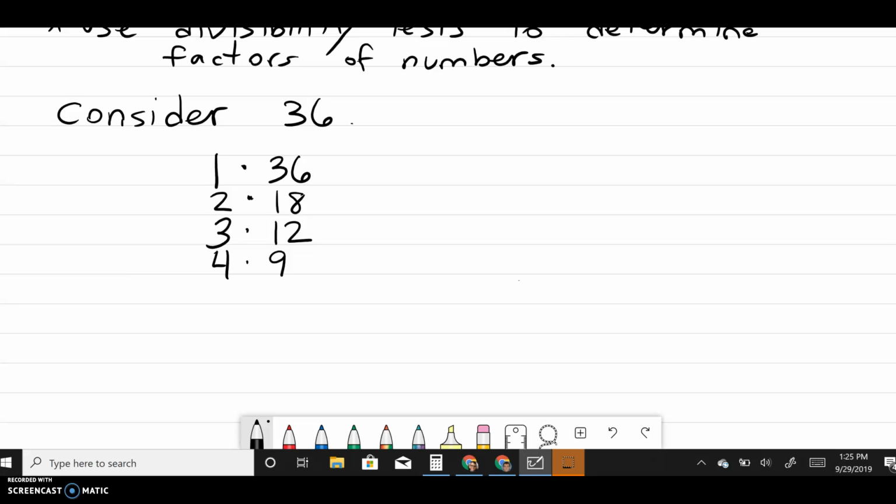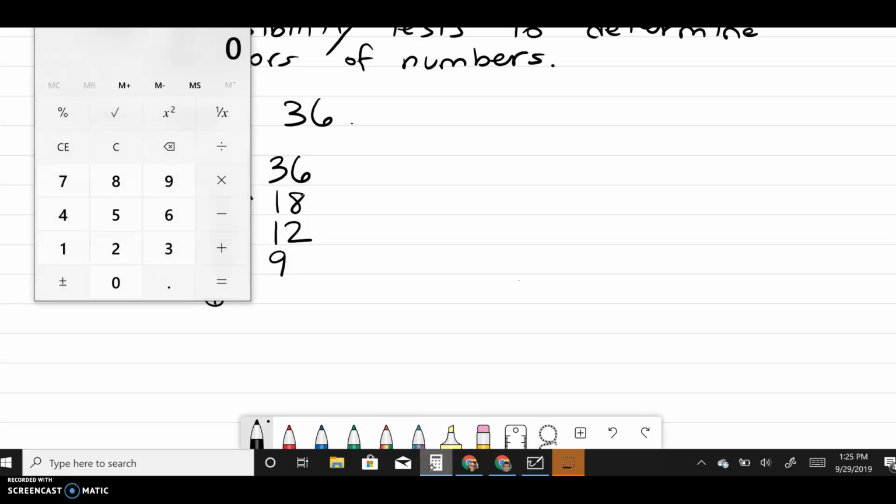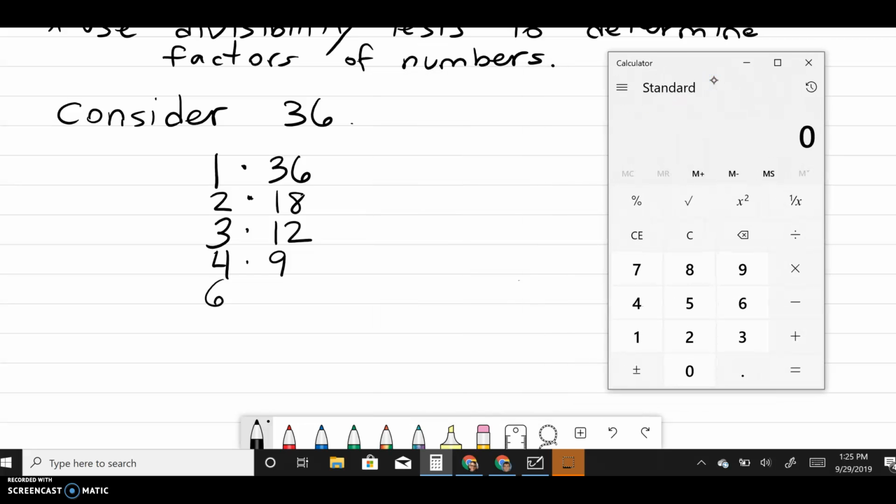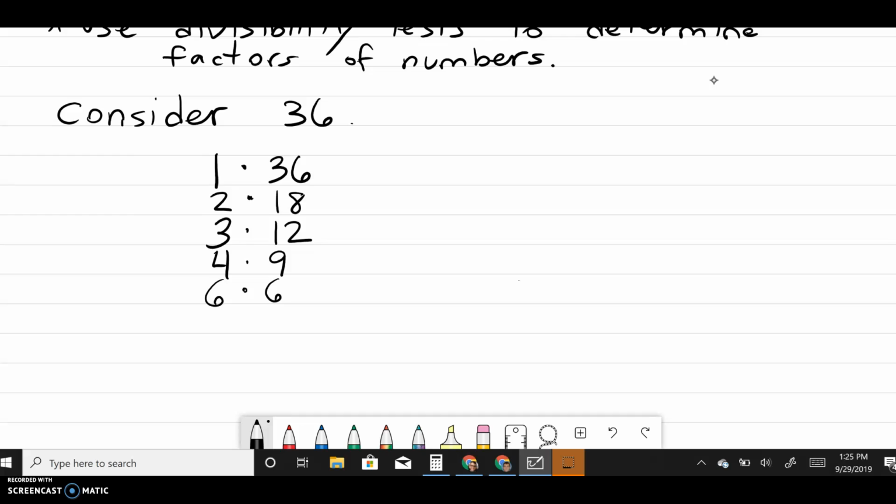So now the other numbers you would check would be 6, and here you could just use a calculator and divide. So if I use the calculator and I did 36 divided by 6, as long as I get a whole number as my answer, that means it's a factor. So here in this case, 6 times 6 works.